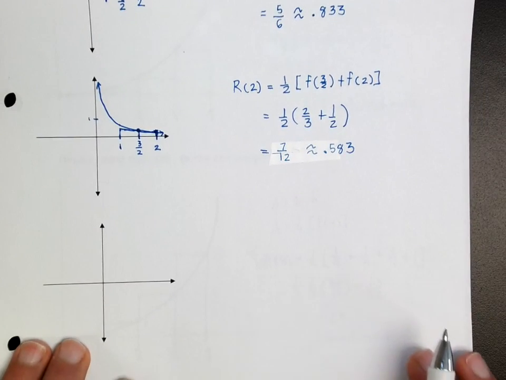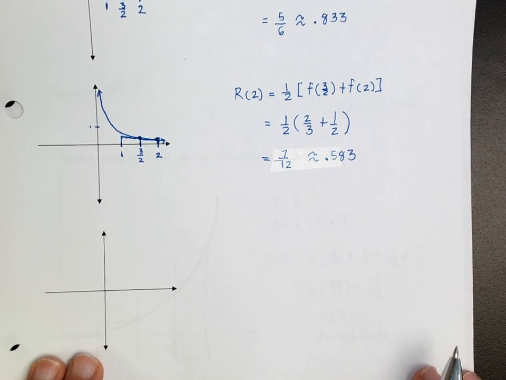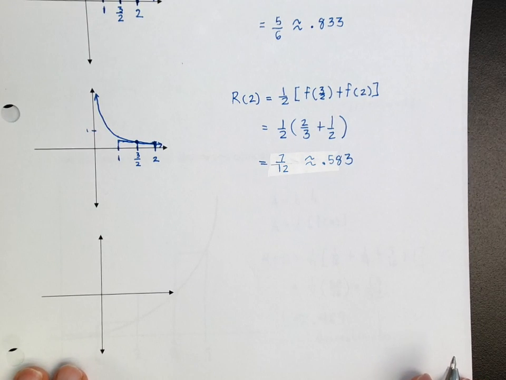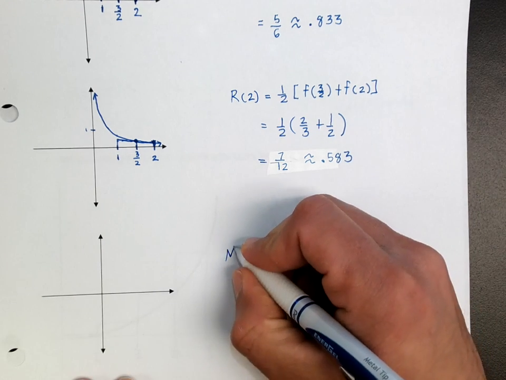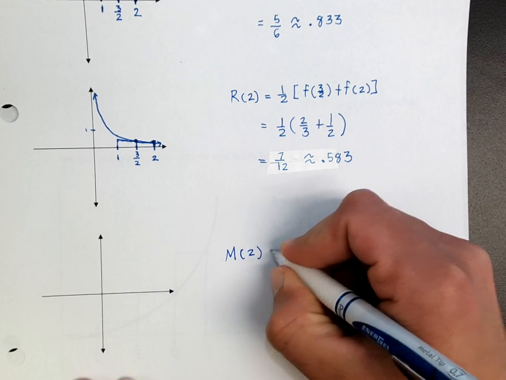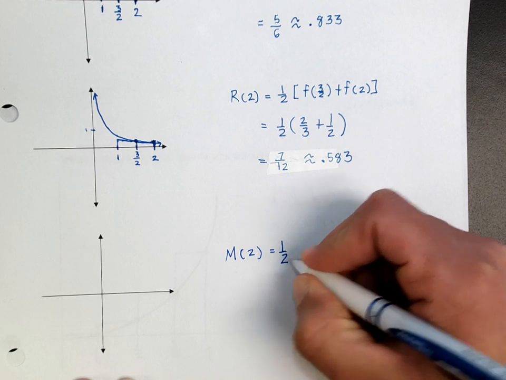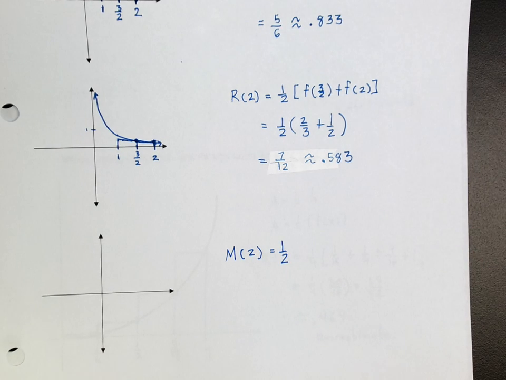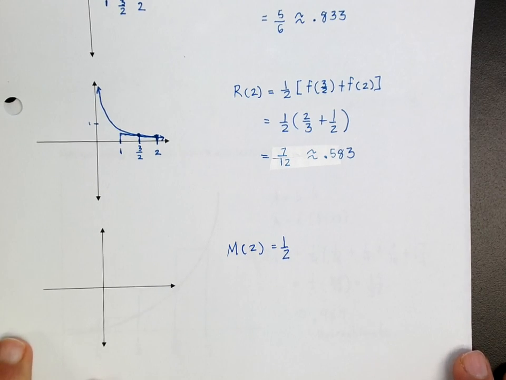Now I found the midpoint. The midpoint is going to require a little bit more work. We know the width of each rectangle is going to be 1/2. To do that, you have to be really good at fractions or at least know what a tape measure looks like.